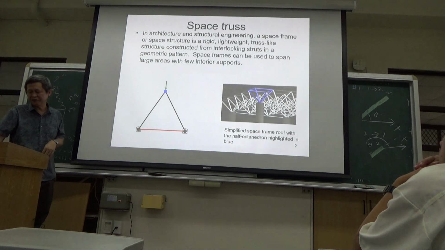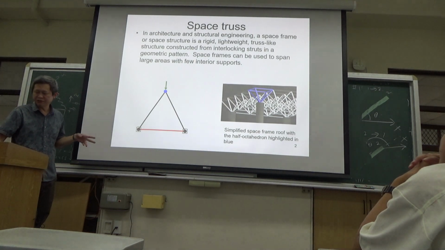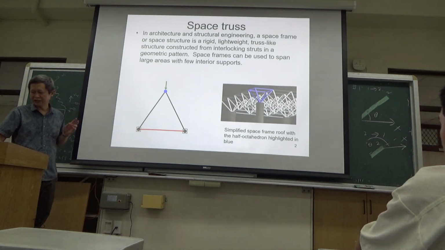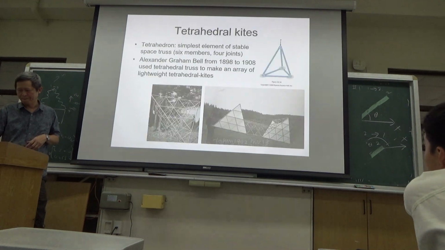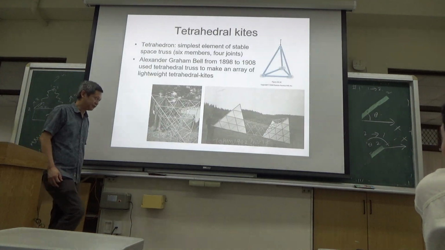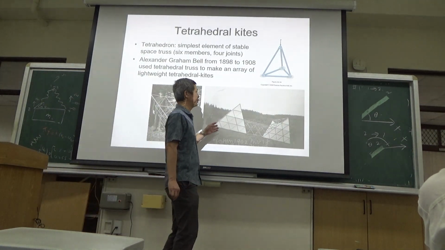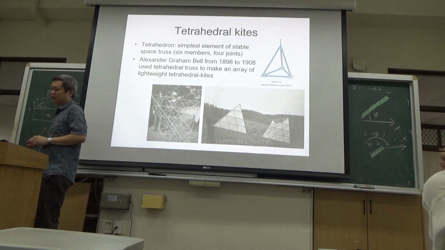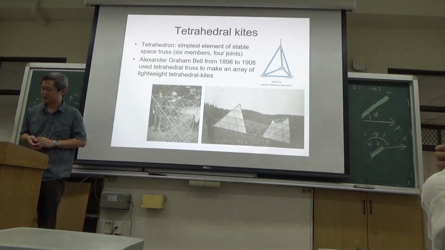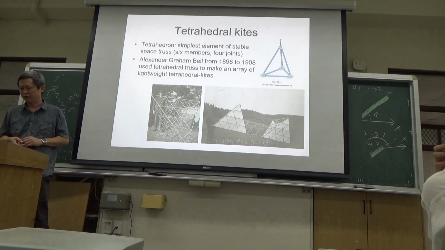They can come in various forms, but one of the simplest is the tetrahedron. It has four surfaces. This kind of lightweight surface structure was first used in tetrahedron kites.